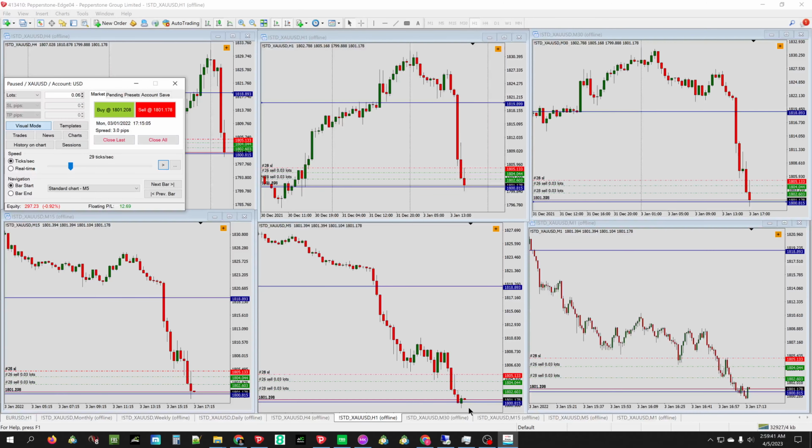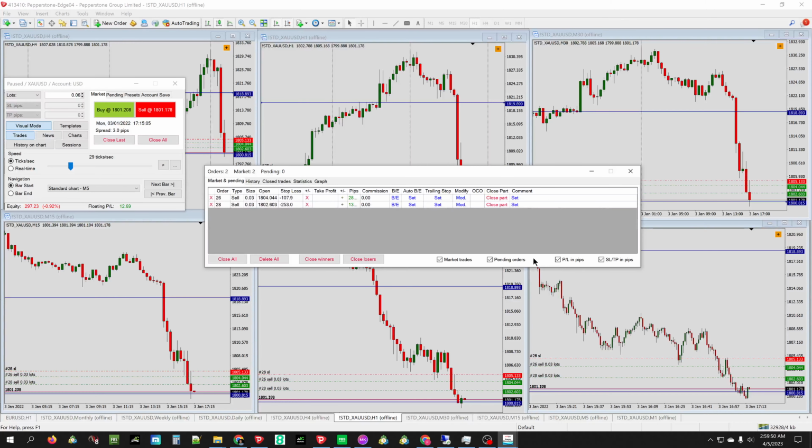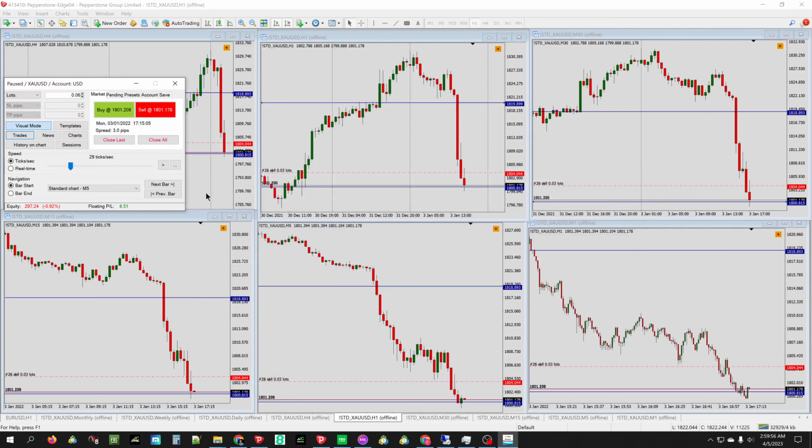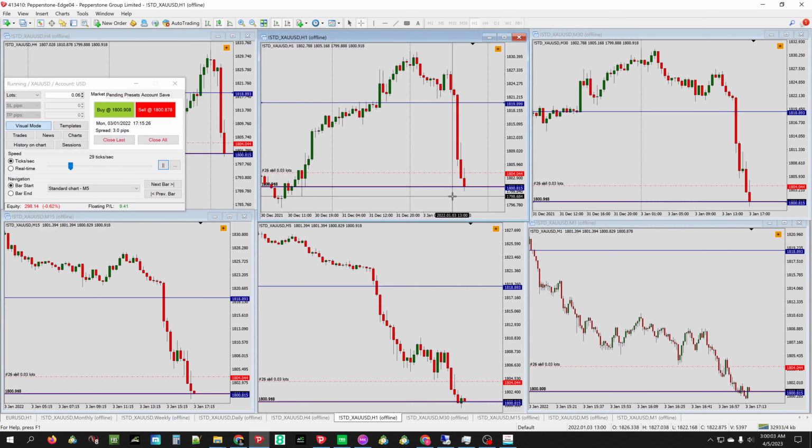Alright, M5 candle has closed a bullish candle at an important area around 1800. So at this point I will close this B grade setup and I will break even this C grade setup, because if I look at higher time frames there is still probability for price to keep pushing till 1798.